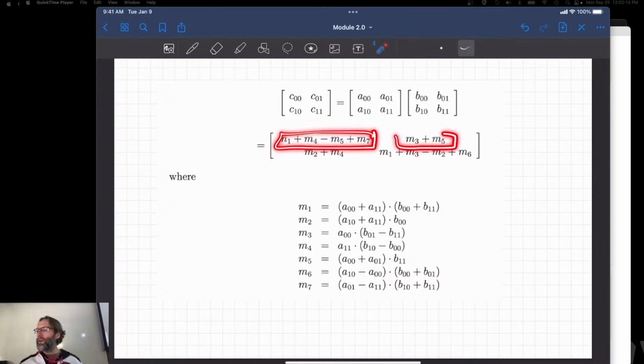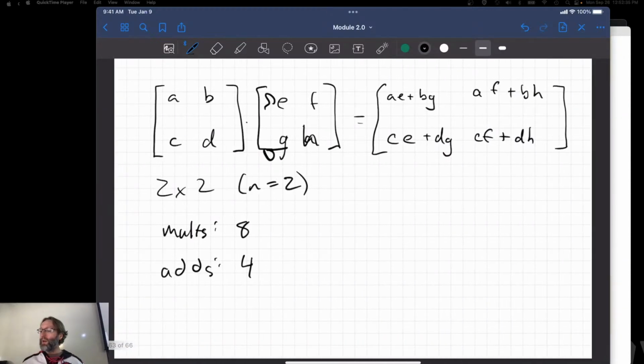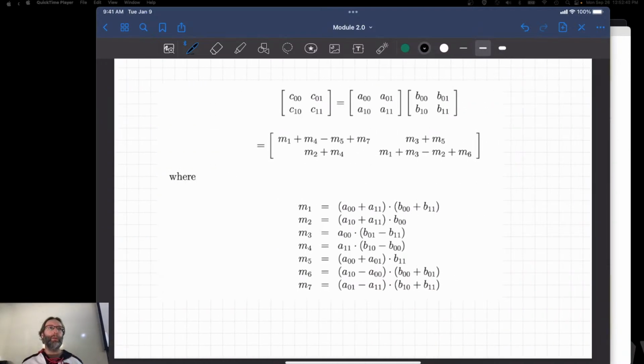The second entry can be done in terms of these two values, and then these 4 values over here, where each one of these values is defined in terms of the original entries in the other 2 matrices. Now let's count. Ultimately, what we said was for a 2x2 matrix here, we need 8 multiplications and 4 additions. For this identity that Strassen came up with, let's count up the number of multiplications and additions.